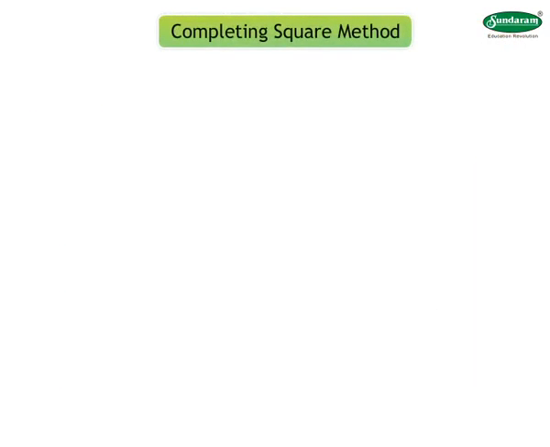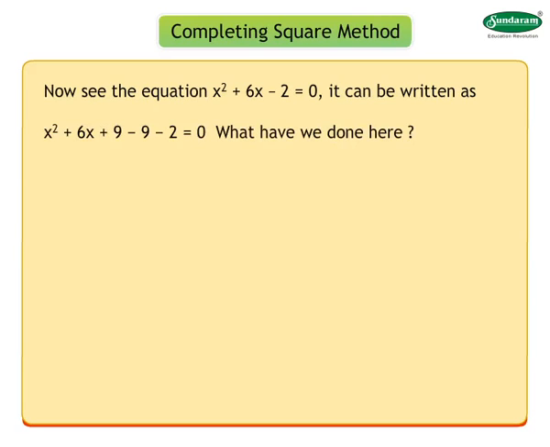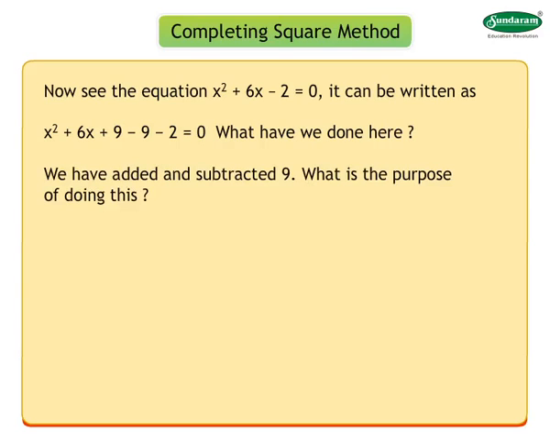Let us now look at the completing square method. Now see the equation x square plus 6x minus 2 is equal to 0. It can be written as x square plus 6x plus 9 minus 9 minus 2 is equal to 0. What have we done here? We have added and subtracted 9.